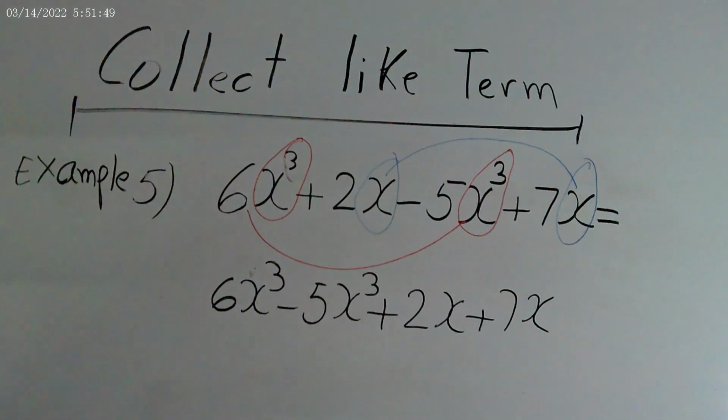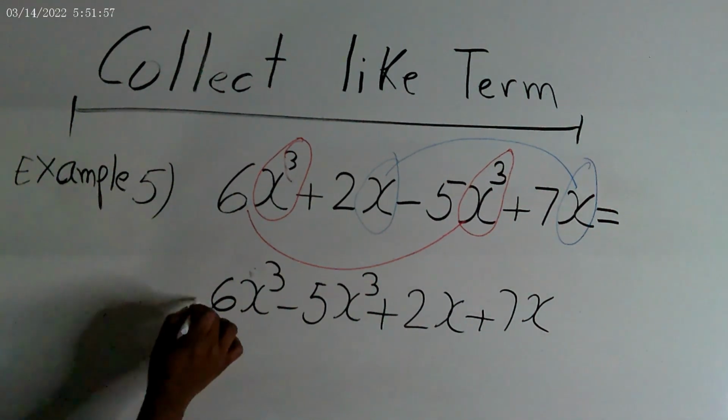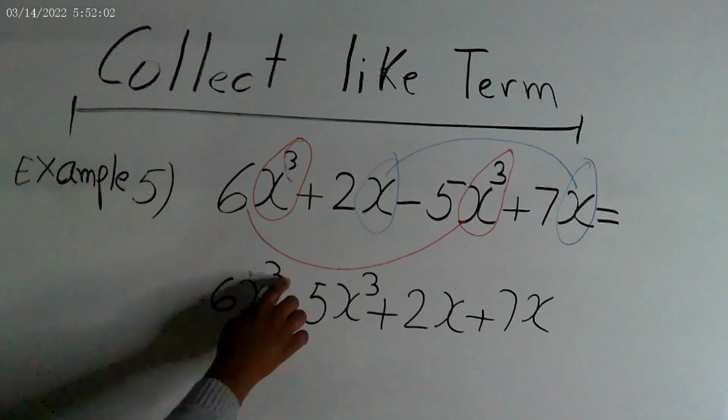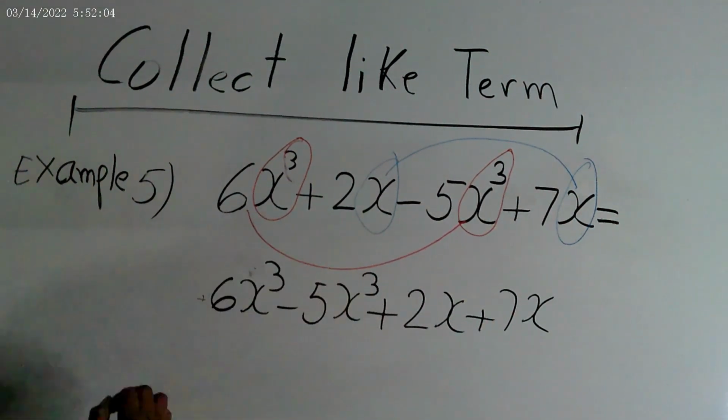So now what we're going to do, we're going to collect them. So you have right here plus 6x cubed minus 5x cubed. Because the signs are different, you are doing subtraction. And then we're going to keep the sign of the biggest number. The biggest number is 6.